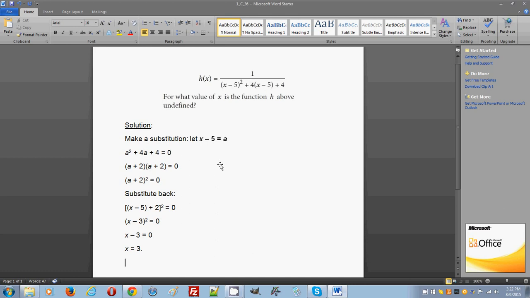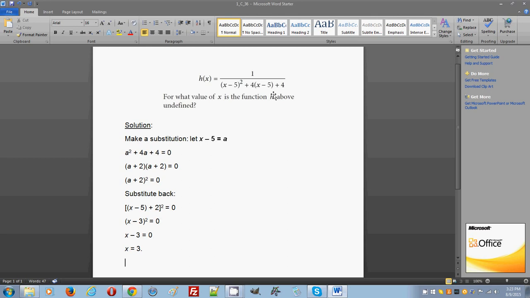Without the substitution, I give you good news because you can still expand it. You can expand this denominator by performing the square of this and then multiplying 4 times x minus 5, and then putting everything in this form. Only your a's will not be there. There will be x's and different numbers.